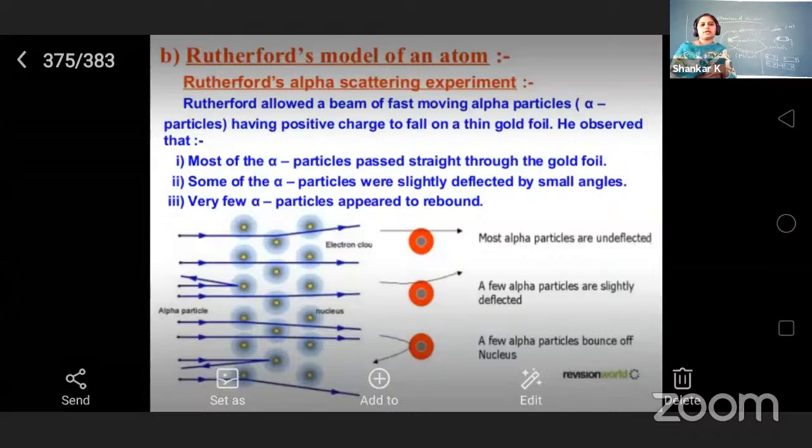We say beam of light, right, students? Have you heard of a beam of light?